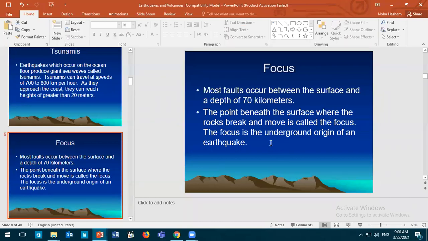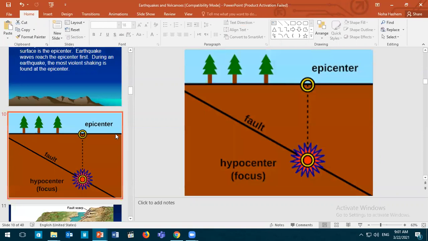So the focus, let's get back to focus. It's the point where all this sudden movement is released. It's like the center or the beginning of this energy being released. This point down there is called focus. Some people call it hypocenter, but you will learn it as the word focus.